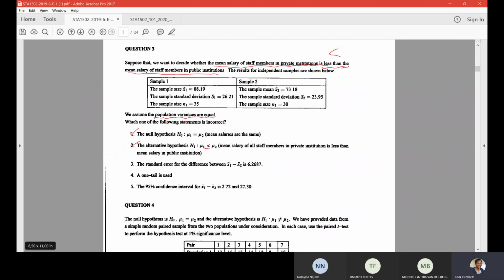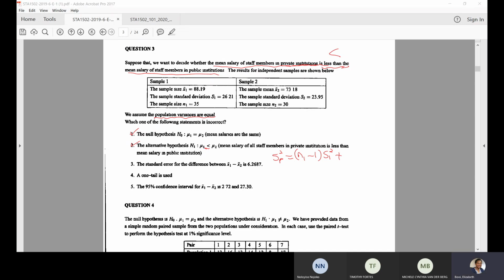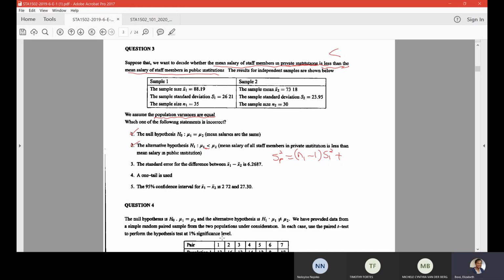So the standard error, we first need to calculate the pooled variance, which is n1 minus 1 times s1 squared. Is it plus or minus? It's plus.